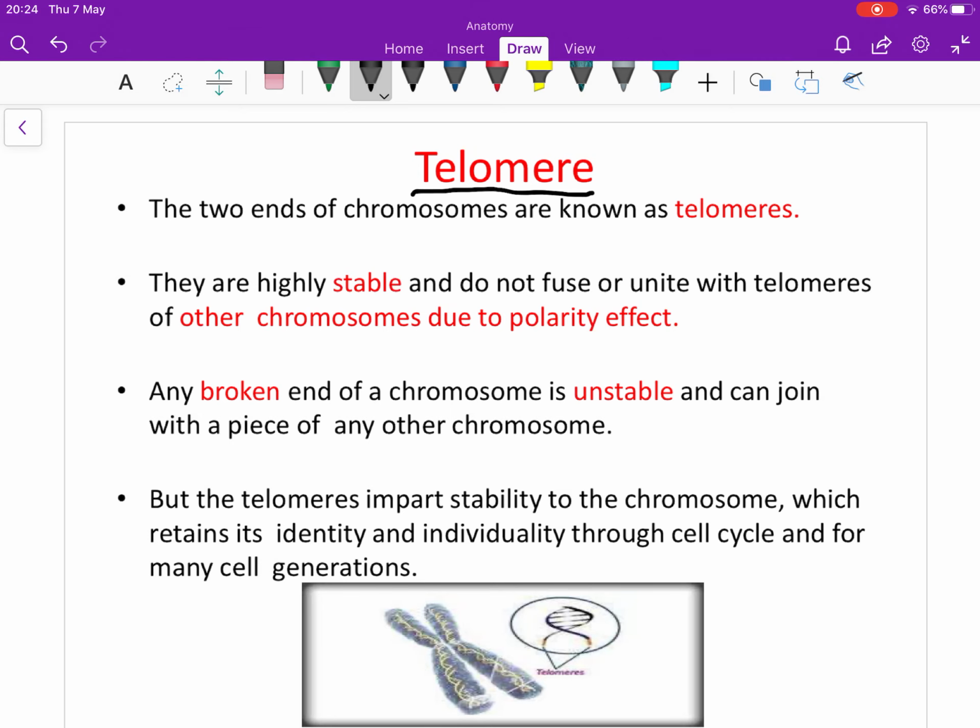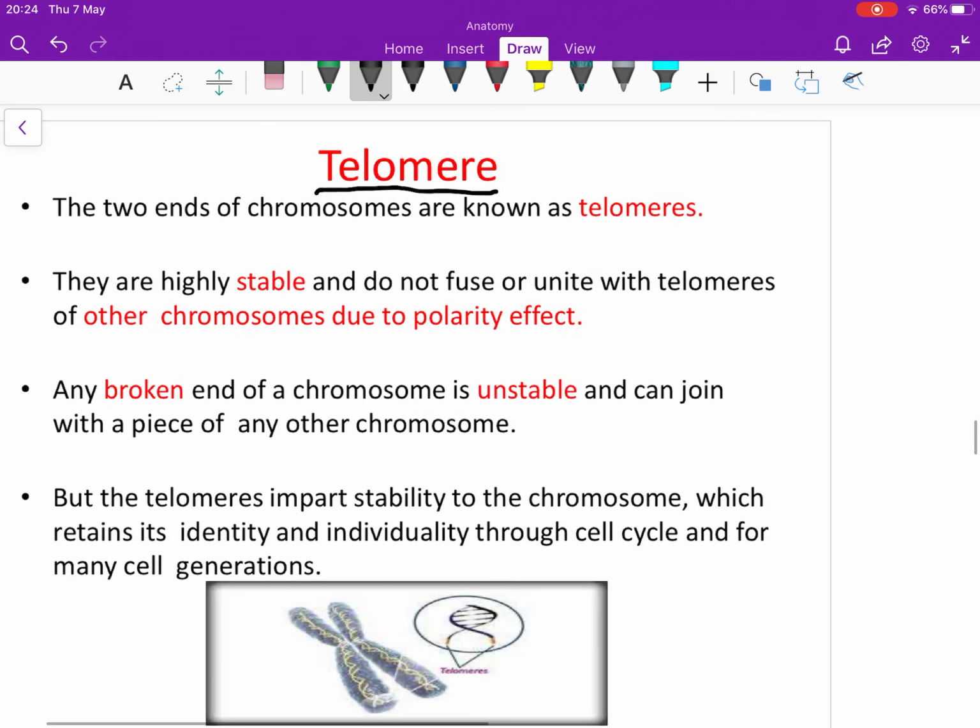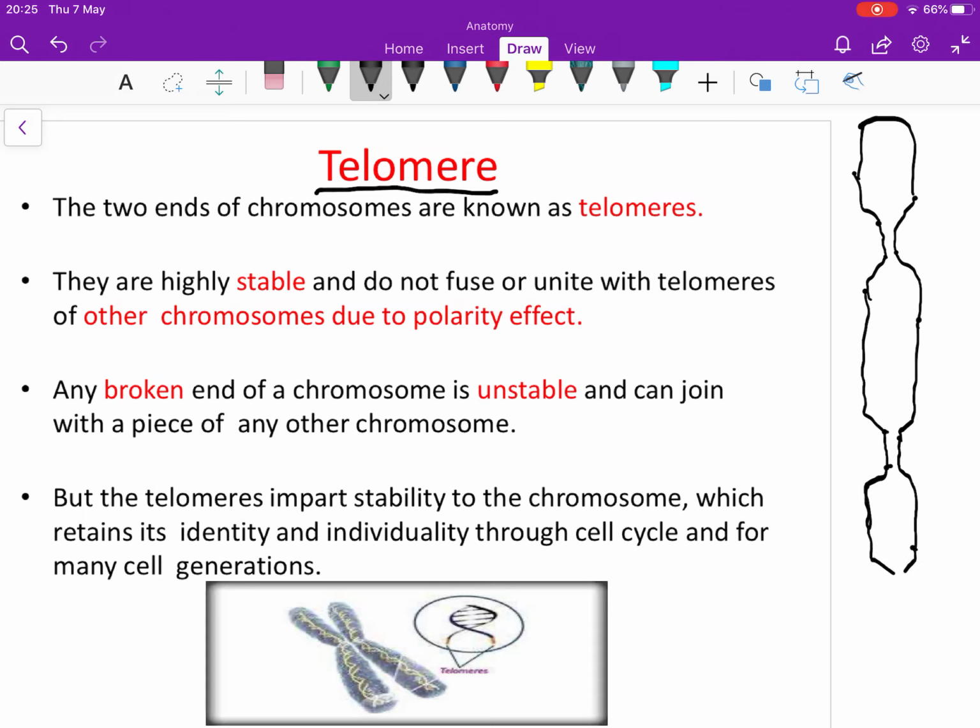See, this is a chromosome, and in the structure of the chromosome, it has narrower regions than the normal chromosome, and these regions are known as constrictions.